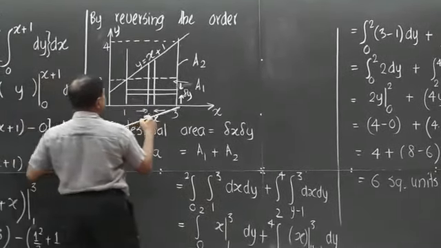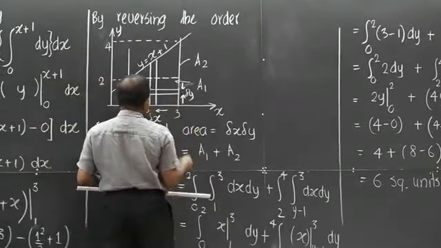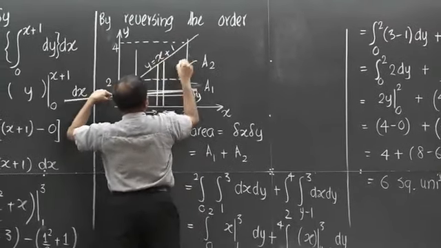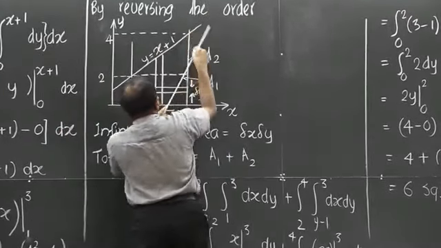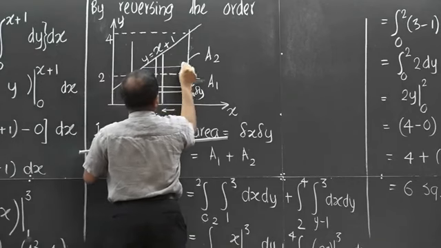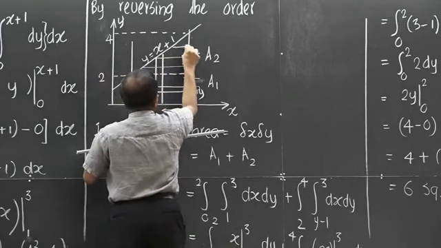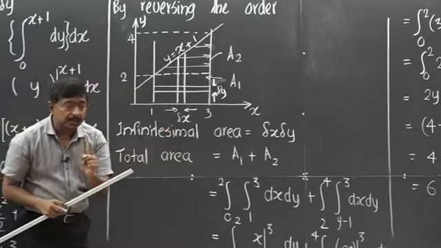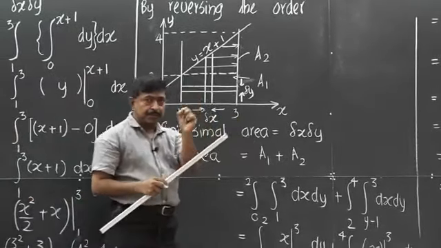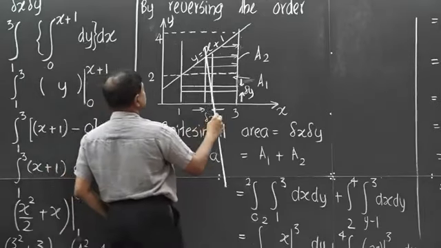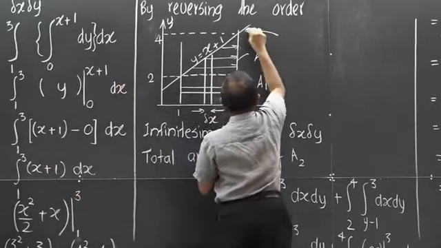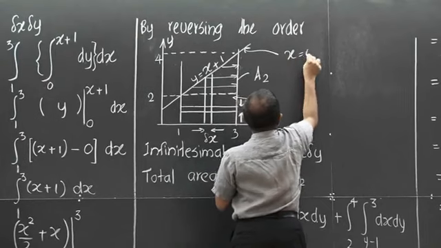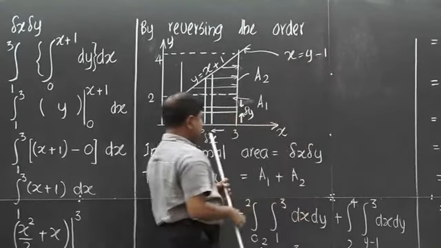In the triangle, x goes from this line to this vertical line. But in this line, you have to make x the subject because we have to write the expression for x. Here, x is equal to y minus 1.